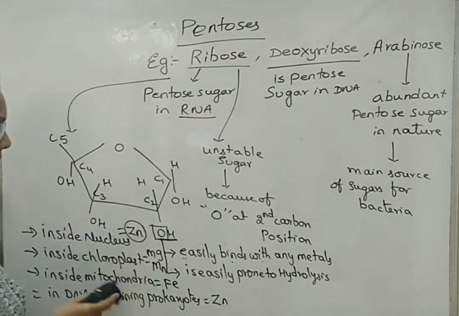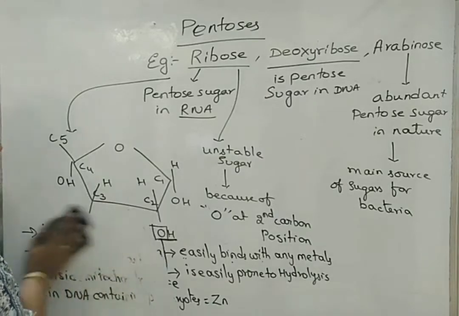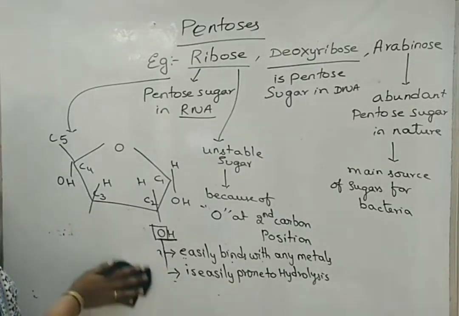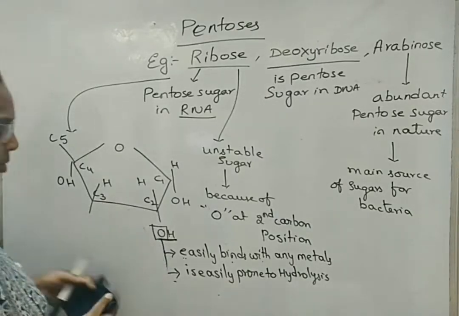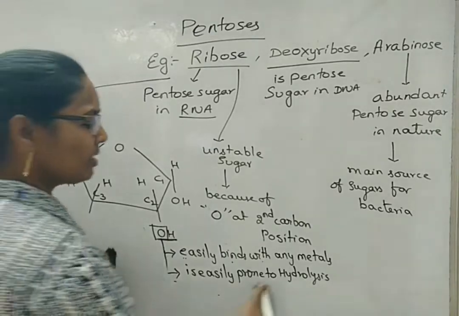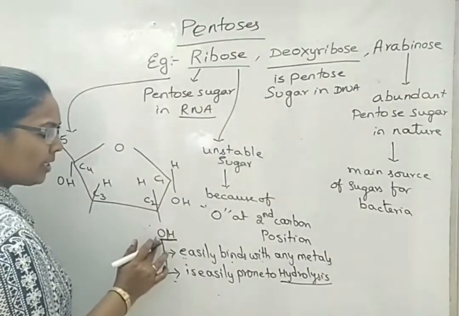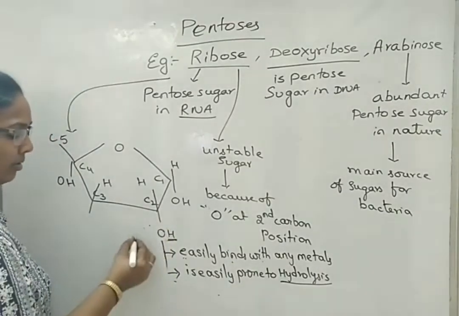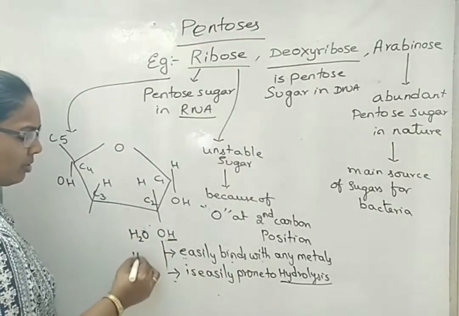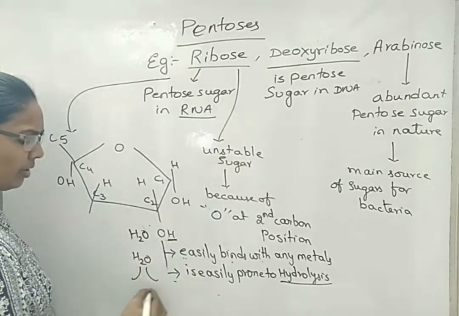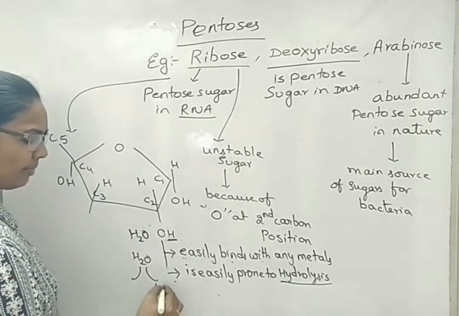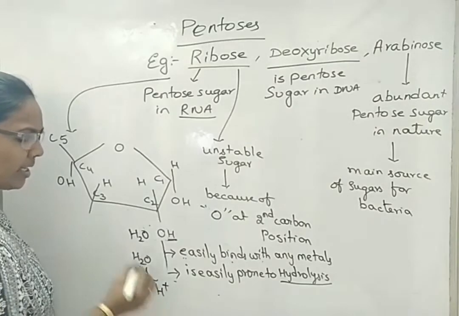Now, here I have written one point, that it is easily undergoing or easily prone to hydrolysis. Hydrolysis in the sense addition of water molecule and breaking the compound. Hydrolysis means we are not adding only one single water molecule, we are adding a group of water molecules. We know that water molecule will be again dissociated into H plus and OH minus ions.